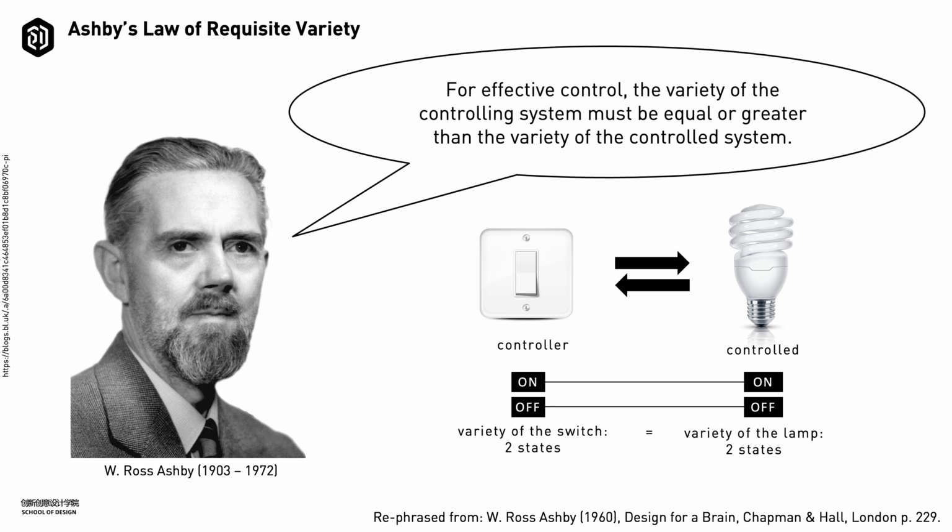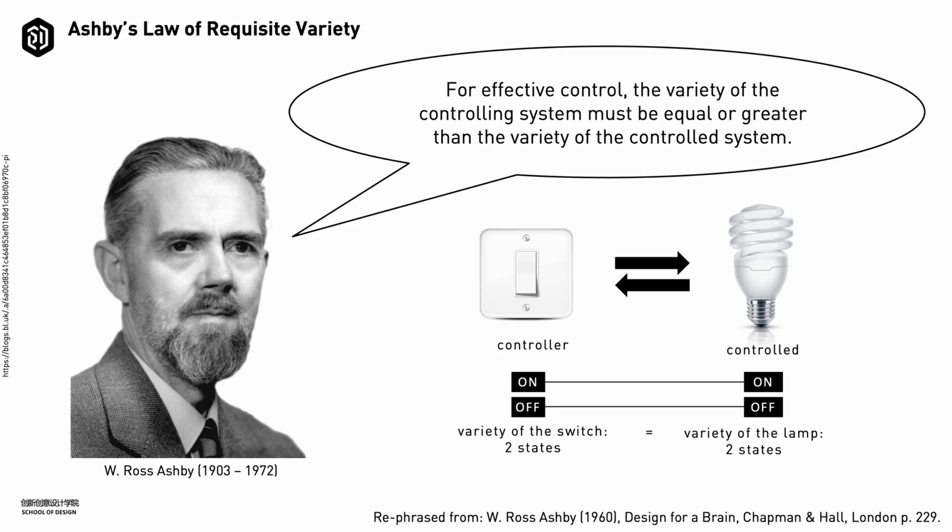He says, for effective control, the variety of the controlling system must be equal or greater than the variety in the controlled system. The controller cannot have fewer states than what it is trying to control. It has to have at least as many states as what it's trying to control.